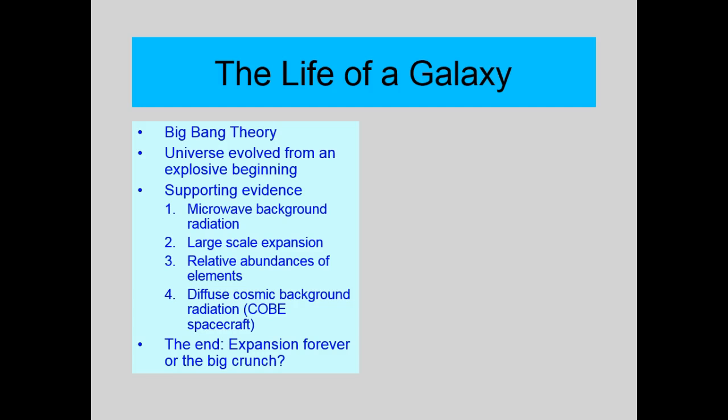Here's the supporting evidence. Now this is very sketchy. Not sketchy in what is reality, but sketchy in what they tell us. Microwave background radiation. Now, what do we mean by that? Microwaves travel at the speed of light.